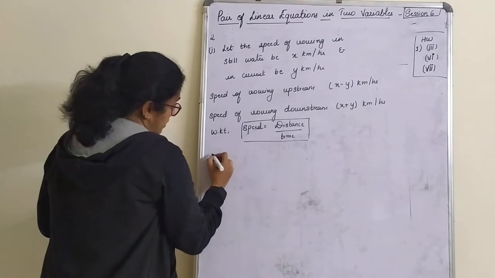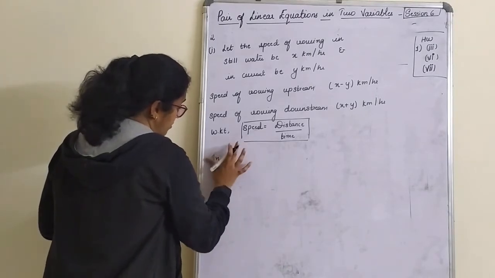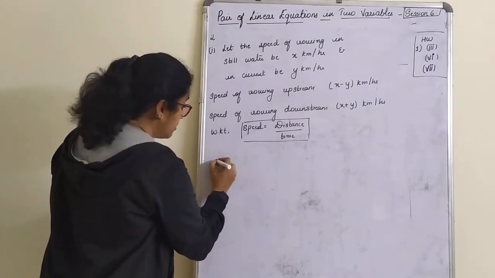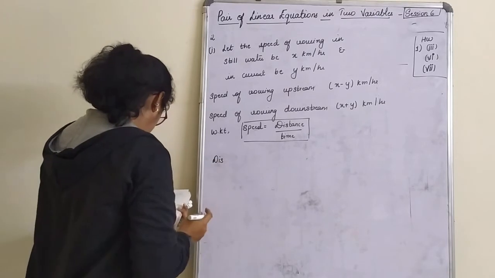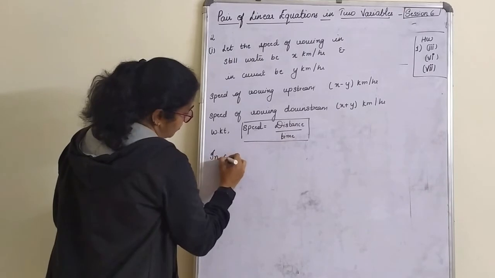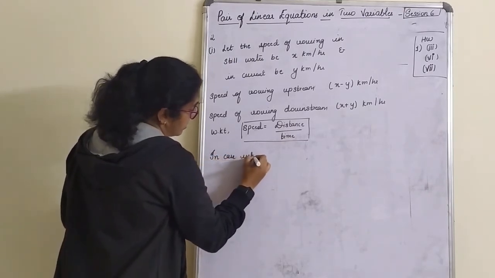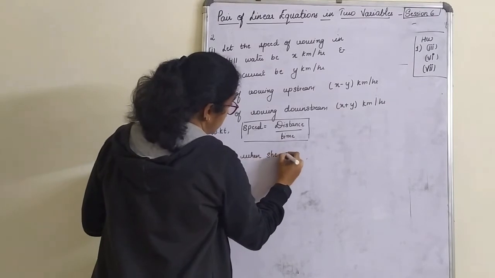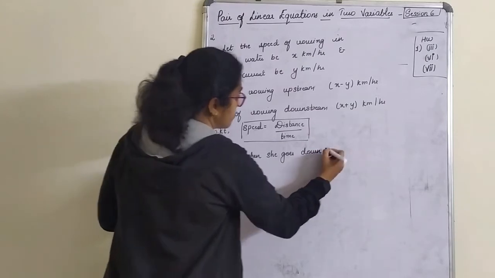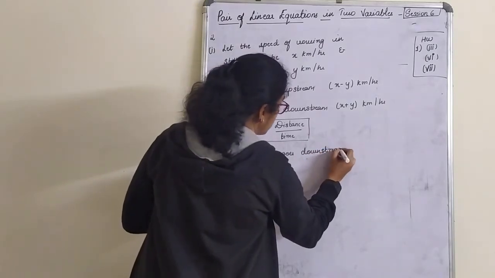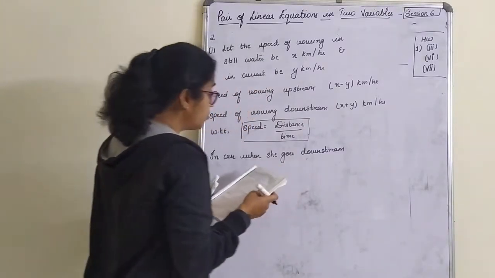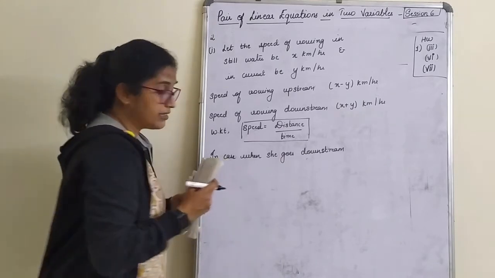Ritu can row downstream 20 kilometers in 2 hours. So in case she goes downstream, what is the speed we have to calculate here?